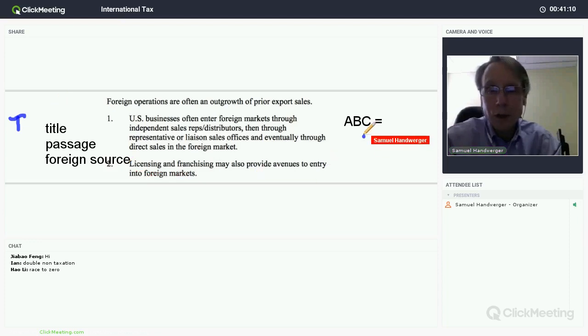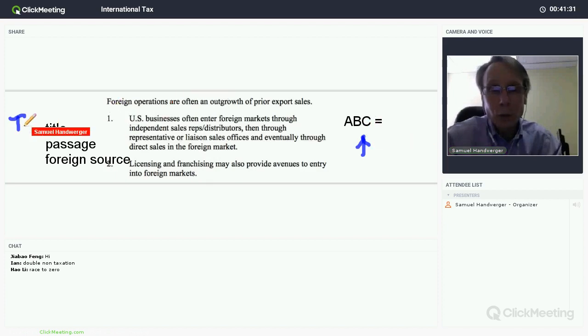How about ABC country where we're doing business? Maybe the issue there is that it's not even going to be taxed there, even though the title passes there and it's considered source. It might not be taxed there. Maybe they don't, or maybe it's a lower tax rate.